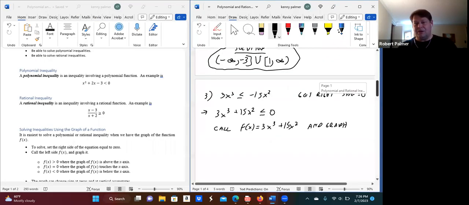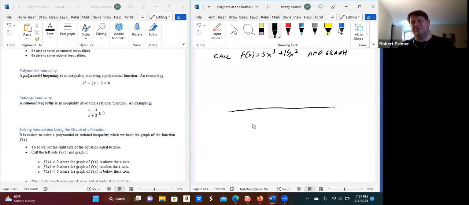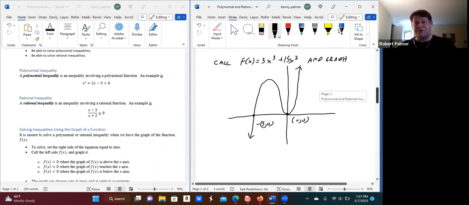So this one looks something like this. Right here is 0, 0. And here, this point is -5, 0. So where is this one?